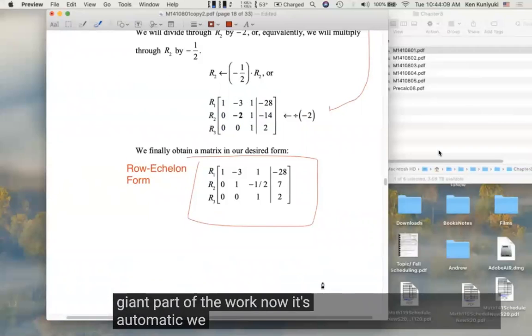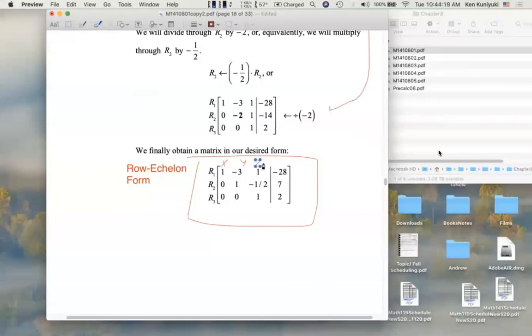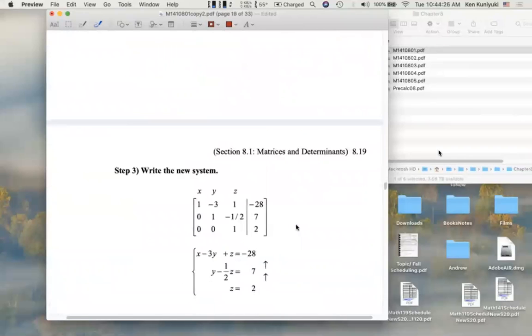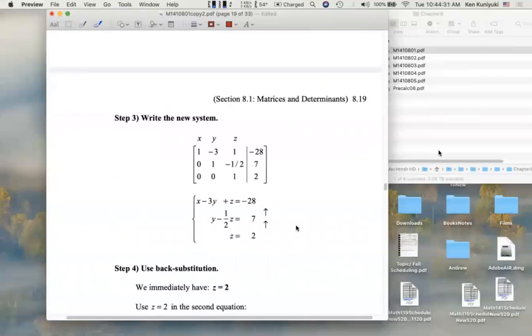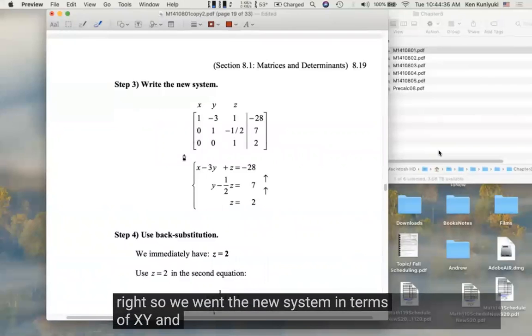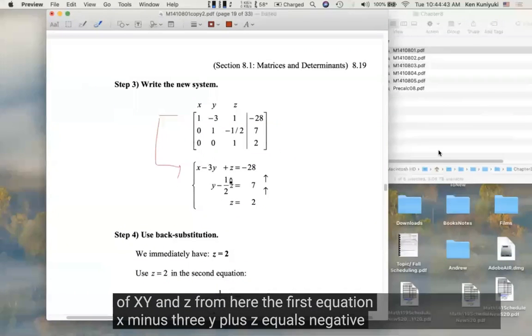Now it's automatic. We write the new system. These are the coefficients for x and y and z. So we write the new system in terms of x, y, and z. The first equation, x minus 3y plus z equals negative 28.